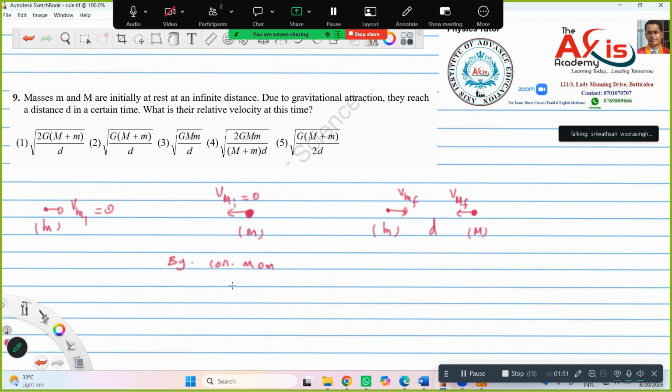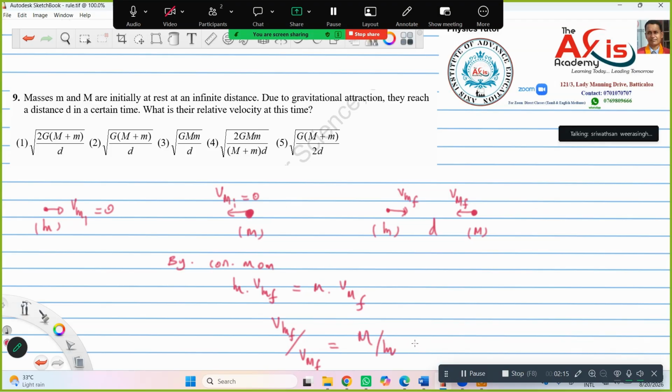That means small m into V small m final equals capital M into V capital M final. Now we can find the ratio: V small m final over V capital M final will be capital M over small m.